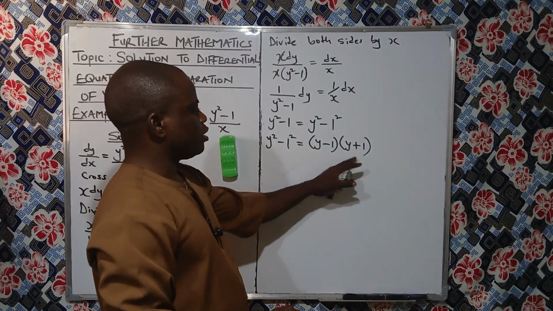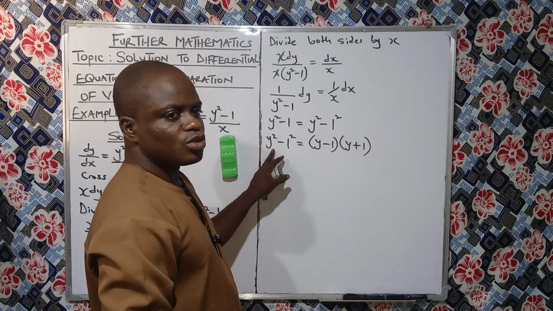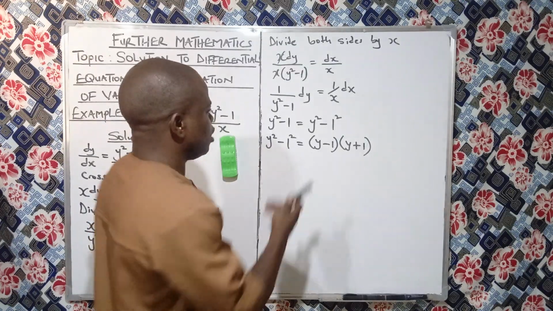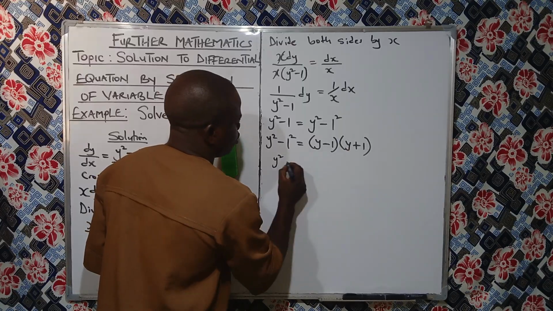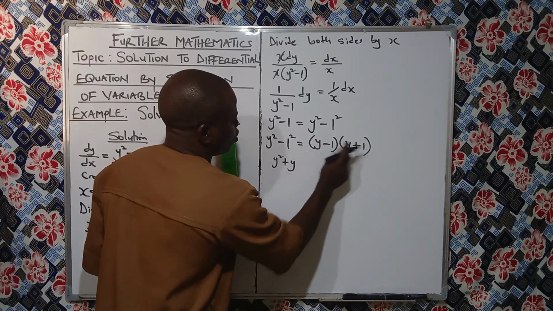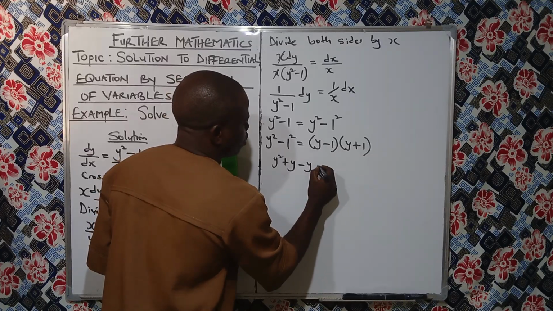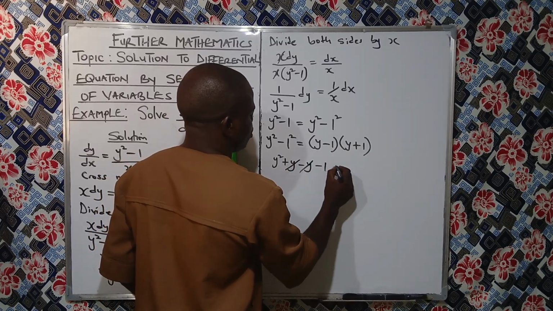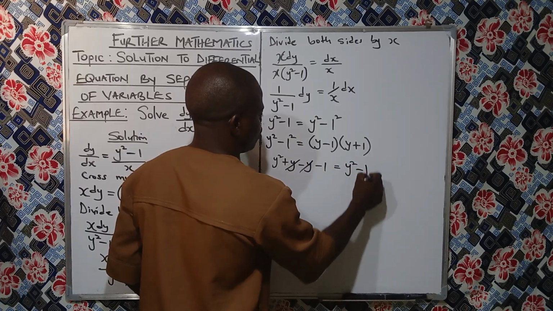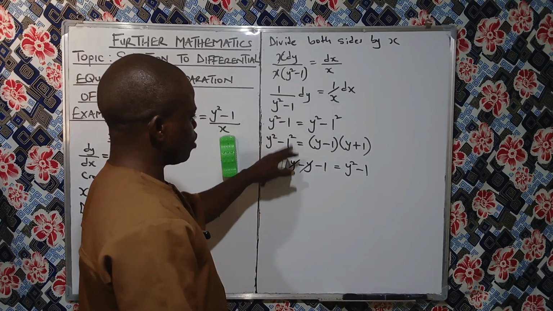If you multiply this expression together, you still get y squared minus 1 back. Let's see together. Y times y is y squared, y times plus 1 is plus y, minus 1 times y is minus y, minus 1 times plus 1 is minus 1. Plus y cancels minus y, and we are left with y squared minus 1, which is what we have here.